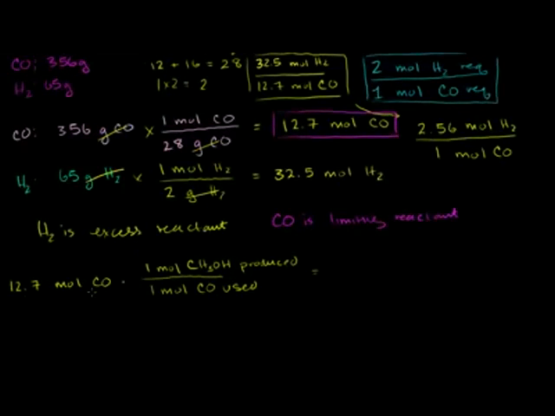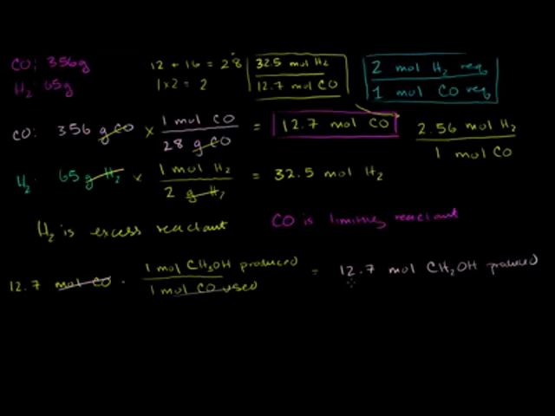We're using the carbon monoxide, not the hydrogen, because it is the limiting reagent. If we used hydrogen, we wouldn't have enough carbon monoxide for the reaction to occur. So this caps how much the reaction can move forward. Obviously, if we're using 12.7 moles of carbon monoxide, 12.7 moles of methanol will be produced.